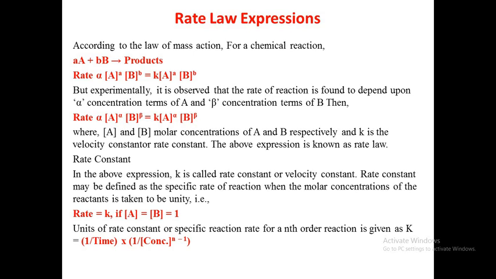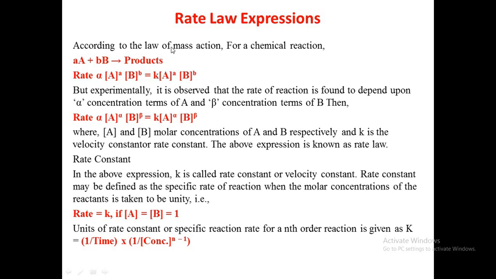They may or may not be equal to the stoichiometric coefficients a and b. The square brackets of A and B represent the molar concentration of A and B respectively, and K is called velocity constant or rate constant. This expression is known as rate law or rate law expression.